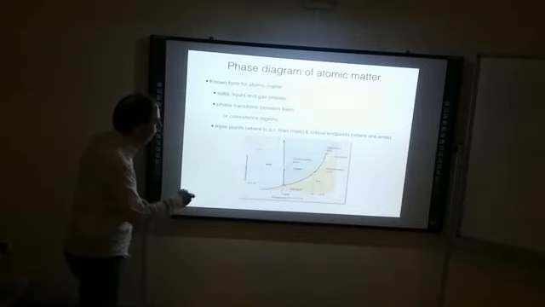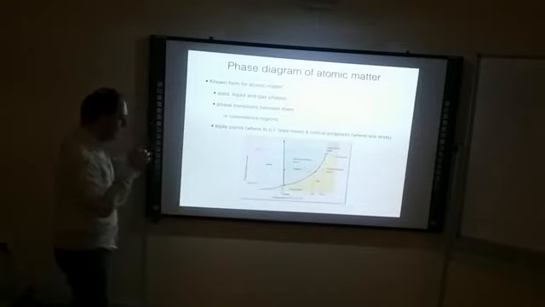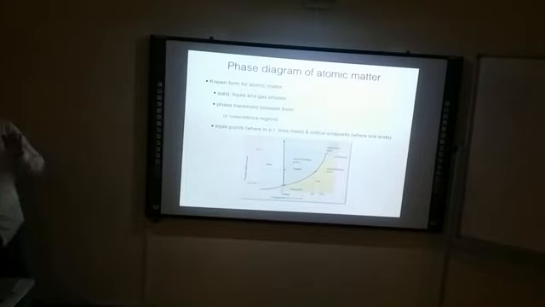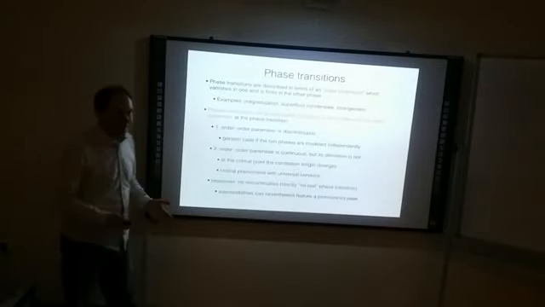What you know from the ordinary phase diagram is that there are these phase transitions here, and there are critical points and so on. And the phase diagram of high density matter has a similar structure. So let's quickly talk about phase transitions.